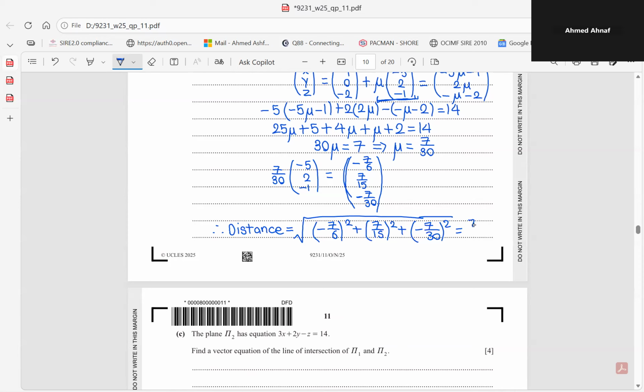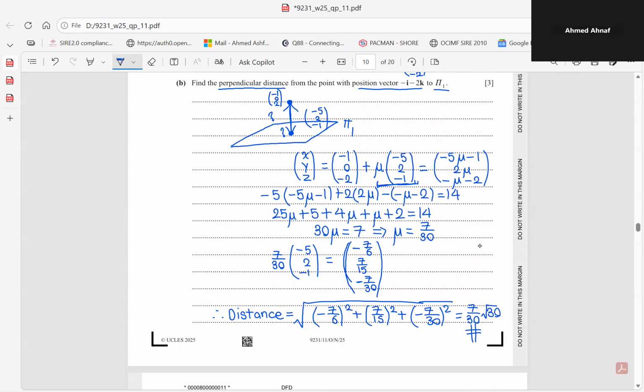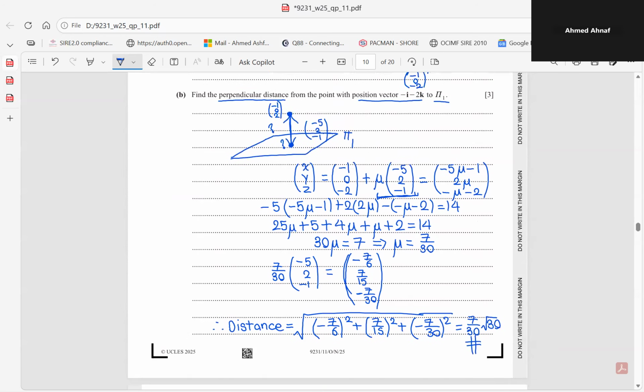So this is just 7 over 30 square root 30. So yeah, this is our final answer for this part.